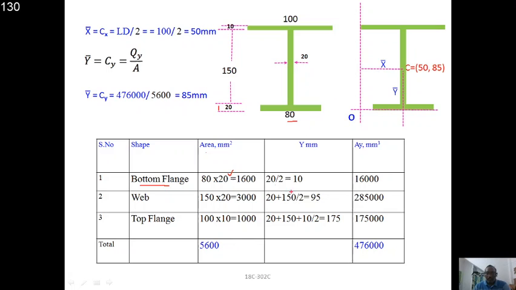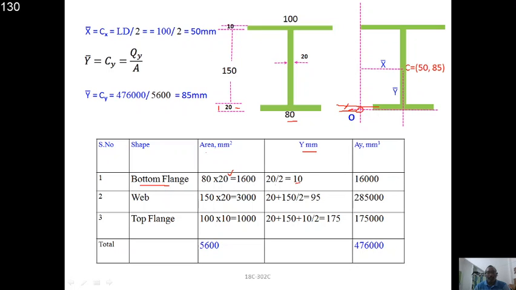Now calculation of y of the individual objects. For the bottom flange, we need to calculate the y values from this origin, always calculate from this origin. Hence this is the y bar for y1, this is the distance of y1, therefore y1 is 20 by 2.